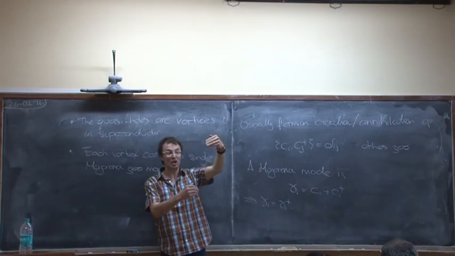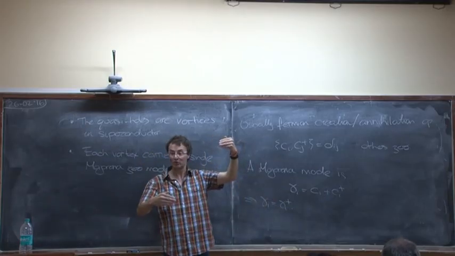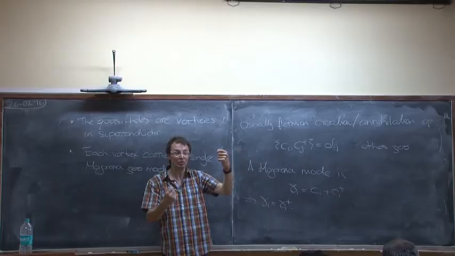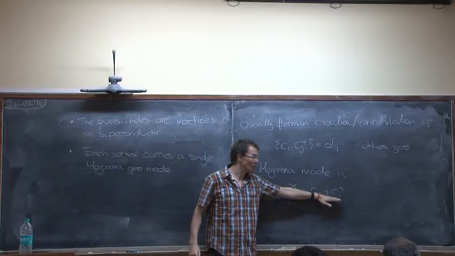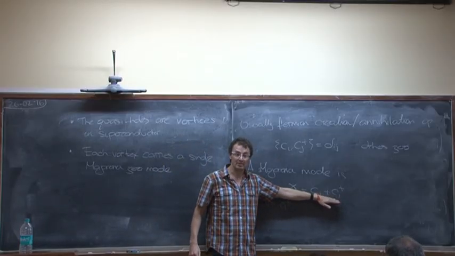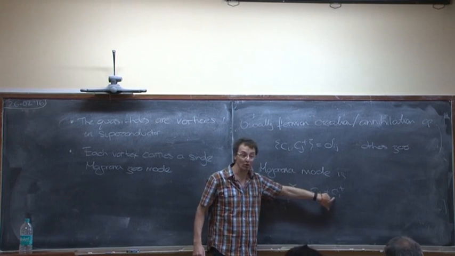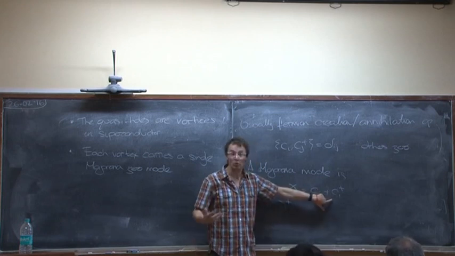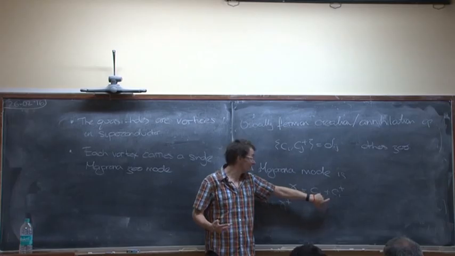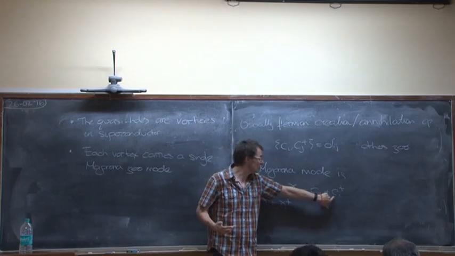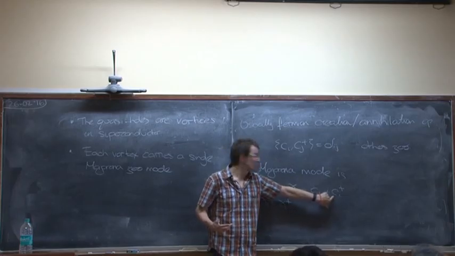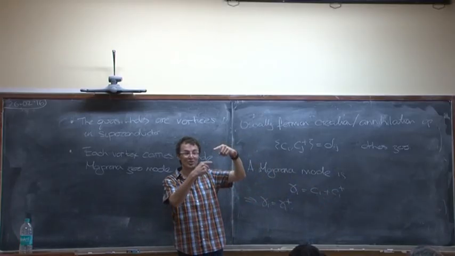C dagger should add charge 1, C should remove charge 1. So it's very unusual to be able to write down something physical where this makes sense at all, because we know electric charge is conserved. In fact, charge is conserved mod 2, because this only changes the charge by 2.